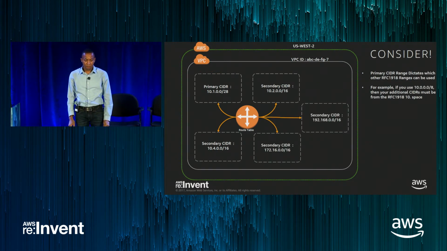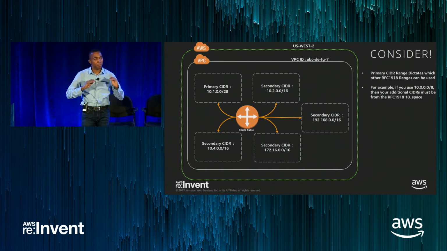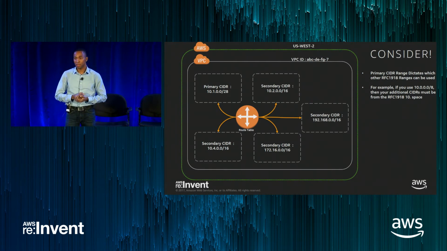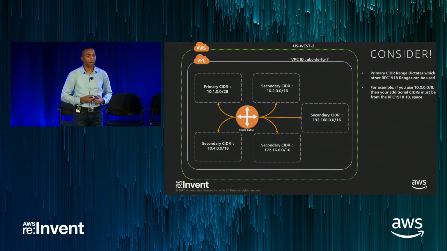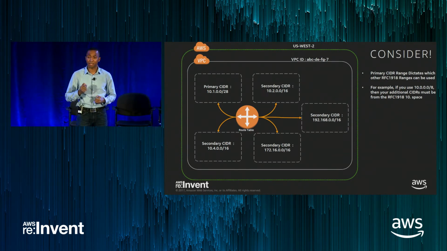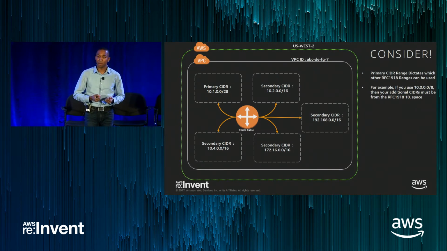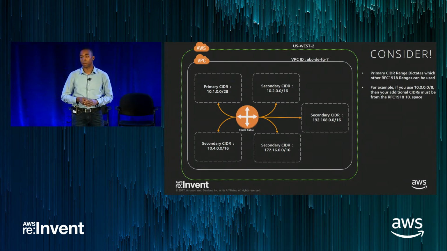Now, your CIDR notation, the IP address space for your primary VPC, actually dictates what IP addresses or what CIDR blocks you can actually add as a secondary. So if I have a 10/8 and I decide to add a 172.16/12, you can't do that. You can only add an IP space that falls within the 10/8 network.